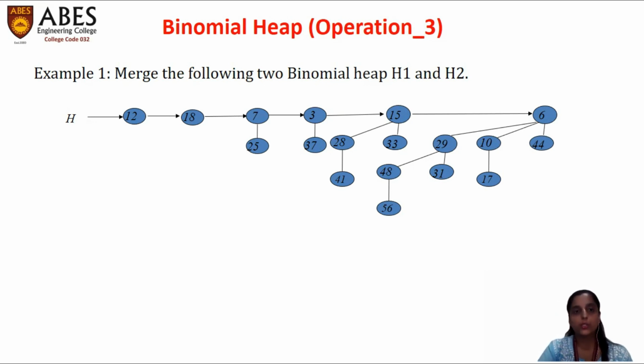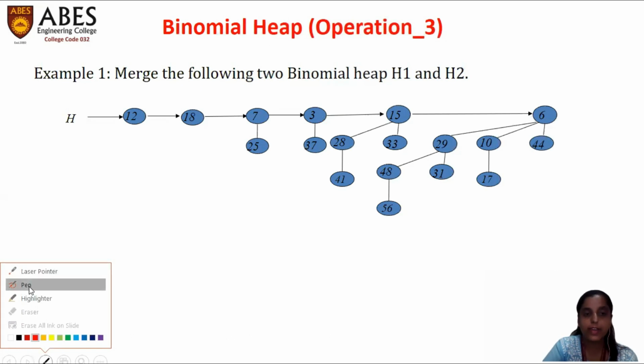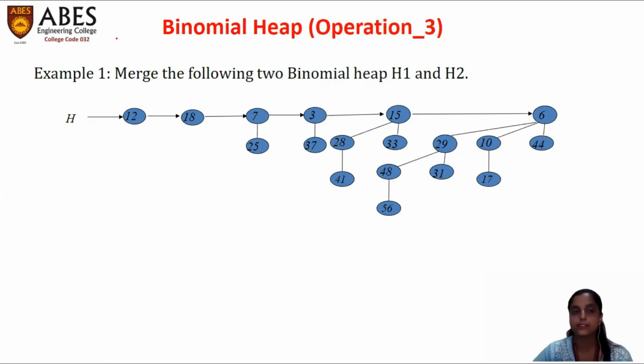So first of all, we are going to mark our x, next x, and sibling of next x in our binomial heap. So this becomes our x, this becomes our next x, and this becomes sibling of next x.